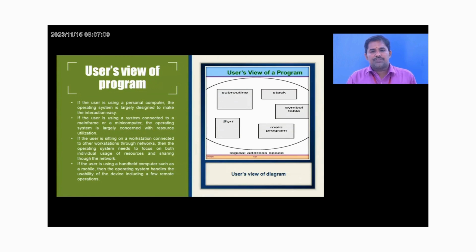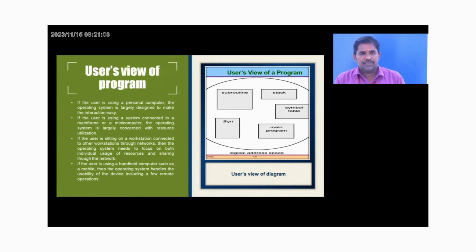Now consider the user view of a program, as in the diagram. Users use the operating system for different purposes. You know very well that whatever the system, the operating system is very important. When a user is on a personal computer, he makes interactions easily.